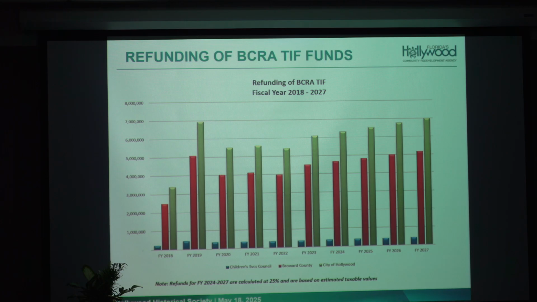The county, for 2025, we're looking at $4.8 million to give back to the city. And Children's Services, for argument's sake, we'll say about $400,000 that this CRA trust fund gives back to the taxing authorities because we've been very successful on the beach.